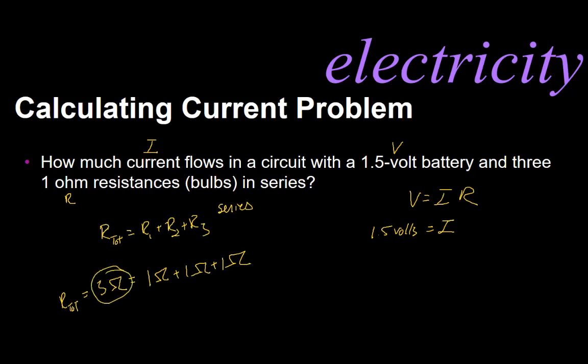This then we can put back in over here, 3 ohms, and then we can solve the equation. We divide both sides by 3 ohms, and we end up with a current of 0.5 amps equals I. Okay? And so that's how you solve these types of problems.